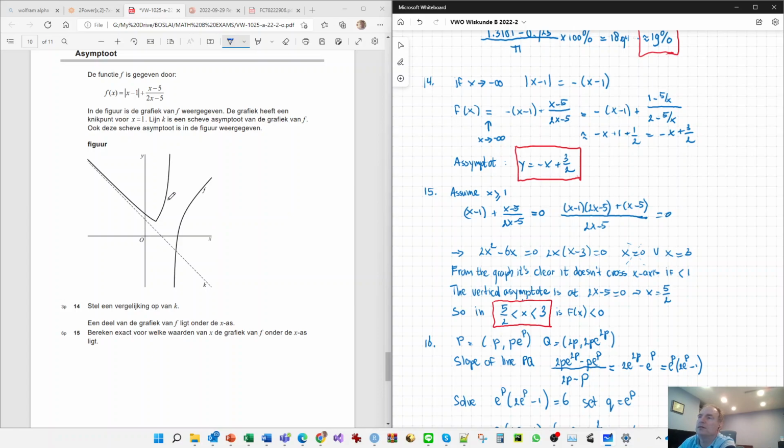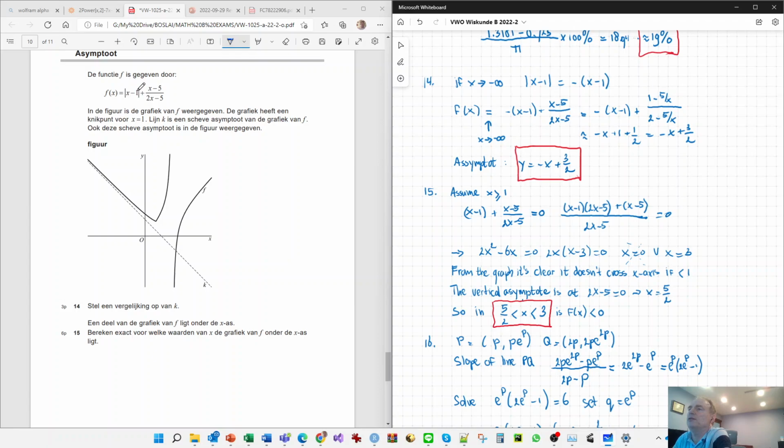These things you calculate by looking at the behavior, in this case when x goes to minus infinity, or becomes arbitrarily large negative.